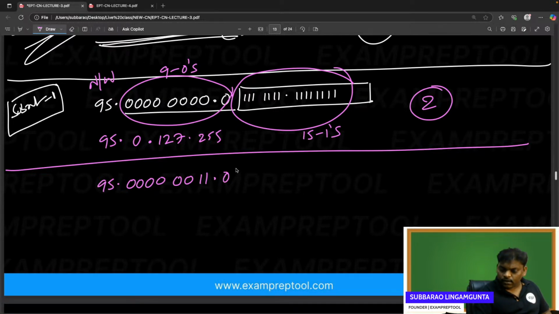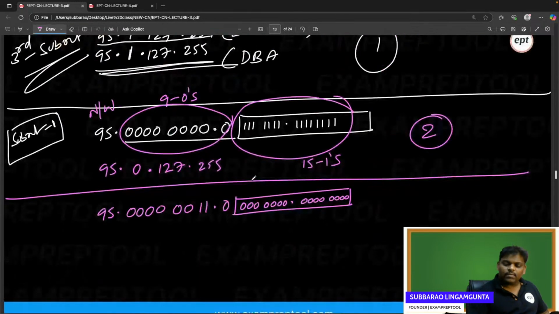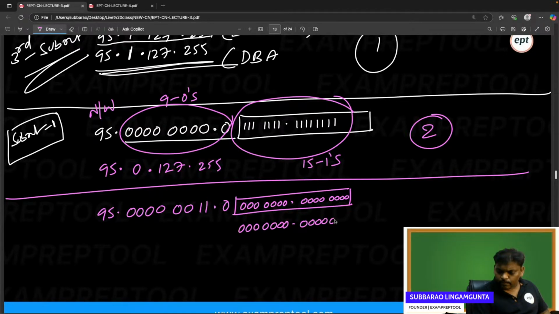If you observe here, 15 zeros to 15 ones, it is asking for the first host. 7th subnet first host. .95 dot, this is going to be 3, this is going to be 0. Am I right?